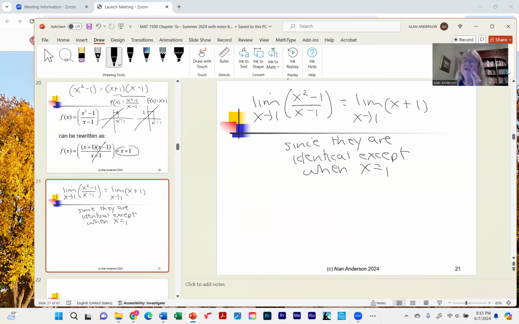Now, of course, if that's the case, that means the one on the right and the left are the same. So we solve for the one on the right because it's the simpler one. And that means we can just use direct substitution and we end up with 2.